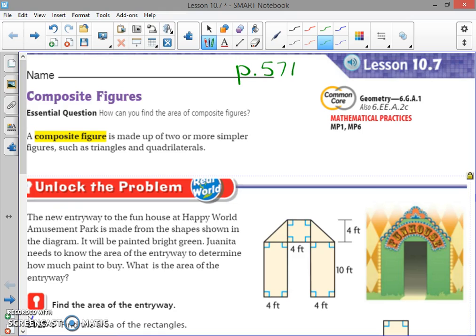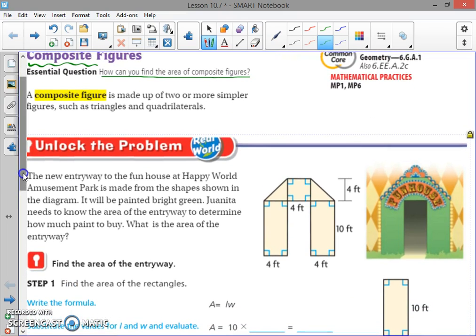And today we're going to be talking about composite figures. Don't let the big words scare you. Composite figures. The essential question: how can you find the area of a composite figure? Okay, easy enough because we've already found the area of triangles, parallelograms, squares, rectangles, trapezoids.